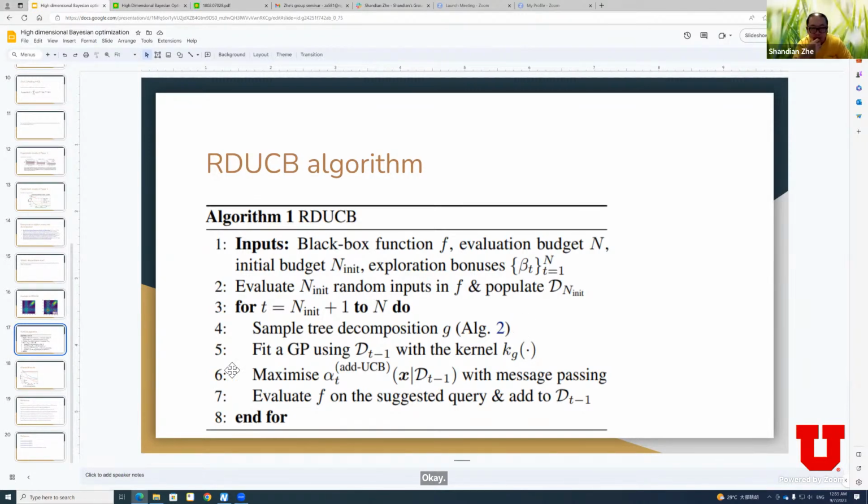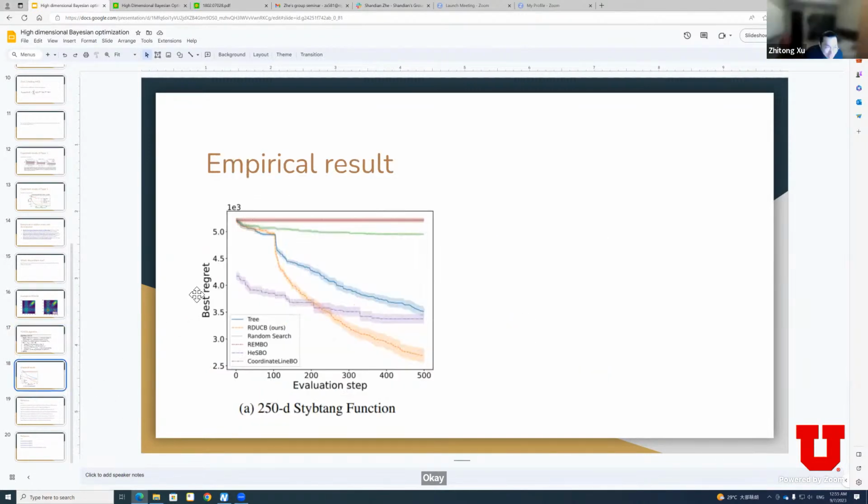But actually they got a really good result. This is a 250-dimension setting, and they got a sudden drop with their random UCB.